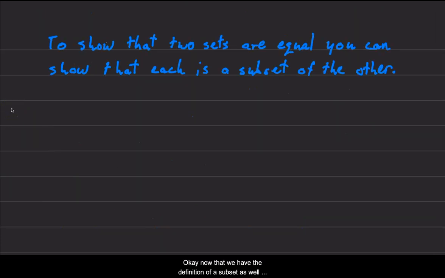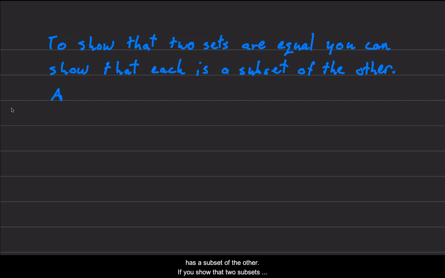Okay, now that we have the definition of a subset as well as a proper subset, that leads us to the next thing, which is how do we show that two sets are exactly equal? You can show that each is a subset of the other. If you can show that two sets are each subsets of each other, then they are by definition going to be equal.